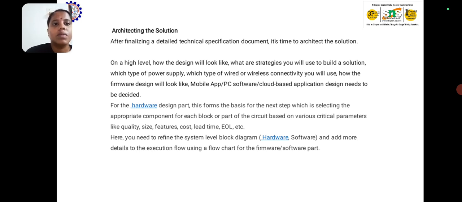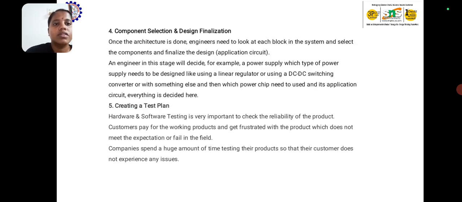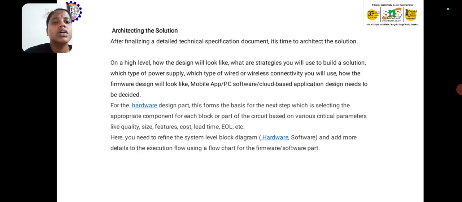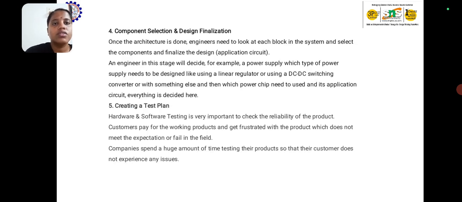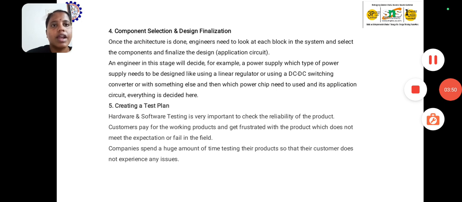The hardware design part forms the basis for the next step, which is selecting appropriate components for each block or part of the circuit based on various critical parameters like quality, size, features, cost, lead time, end of life time, etc. Here you need to refine the system level block diagram for hardware and software, and add more details to the execution flow using a flowchart for the firmware or software part. The next one is component selection and design finalization.